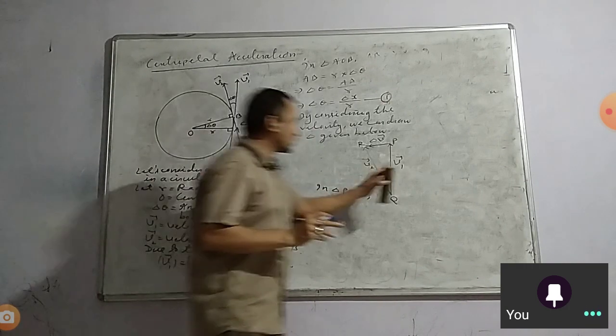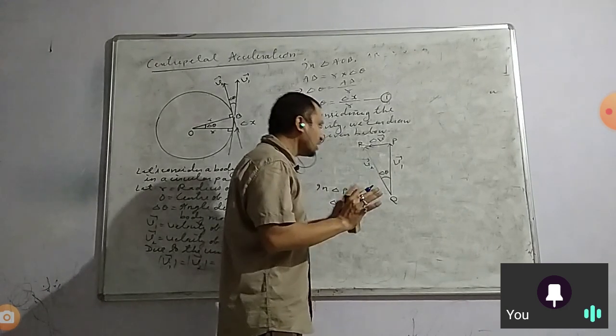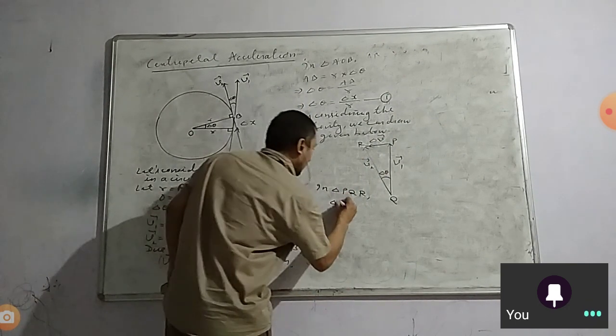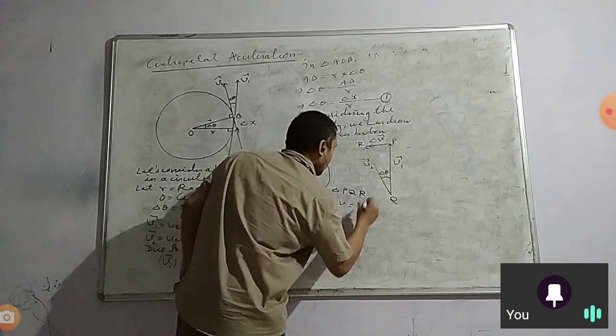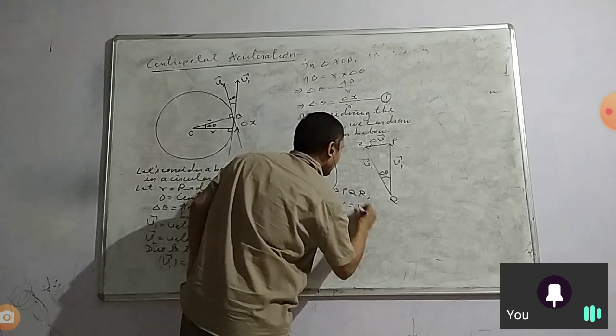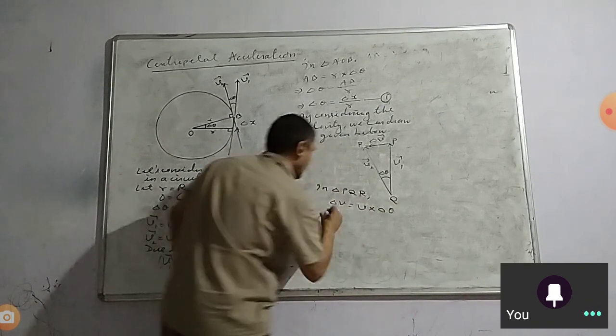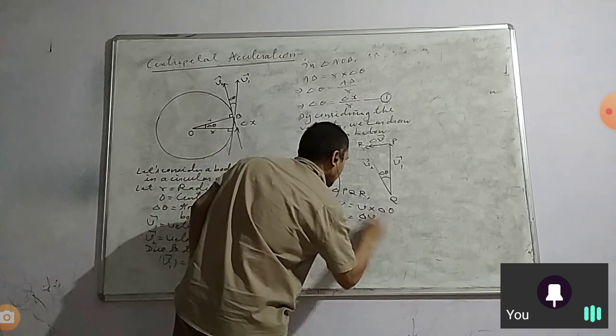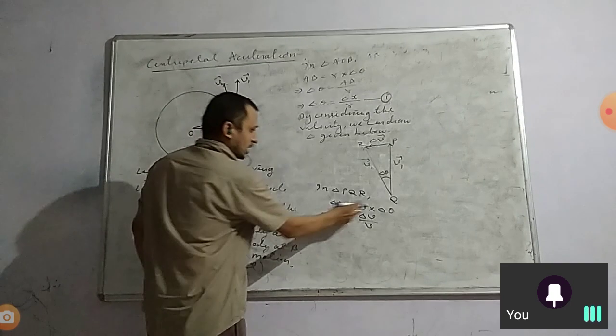That is why V1 and V2 we can write as V, and this is the angle. So the length of the arc, delta V, is equal to R, and in case of R, we can write V into delta theta. So delta theta is delta V upon V.